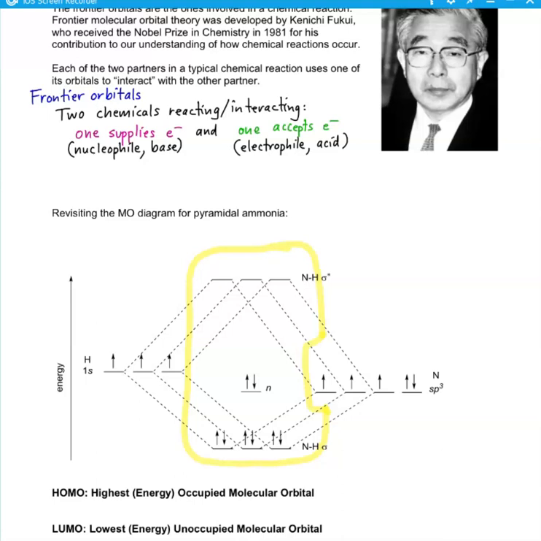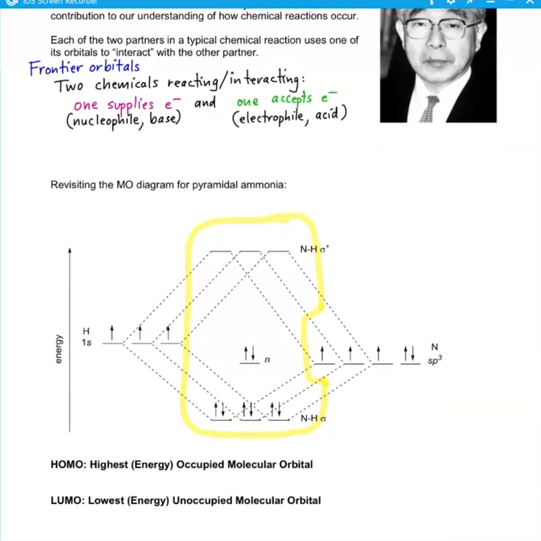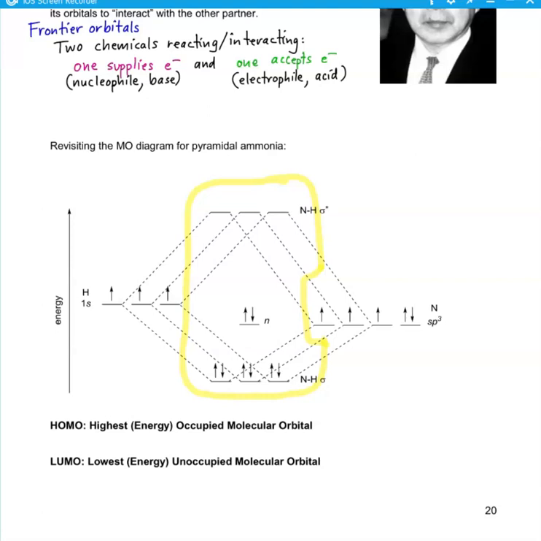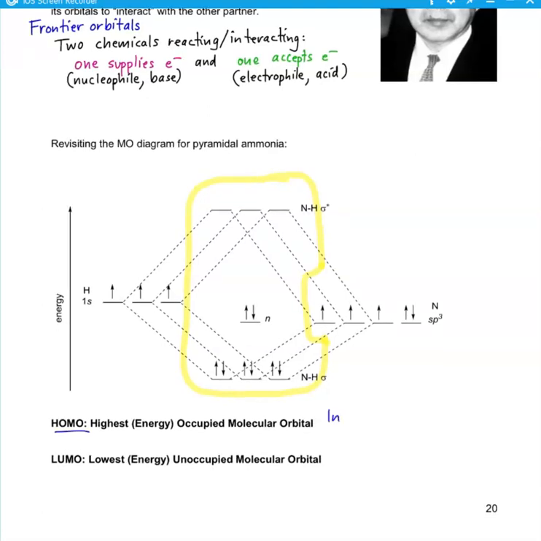In terms of molecular orbital theory, we can put labels on some of the orbitals in a molecular orbital diagram. The electrons that are the highest energy electrons in any molecule occupy what's called the highest occupied molecular orbital, or the HOMO. In ammonia, the highest energy molecular orbital that contains electrons in it is the non-bonding orbital.